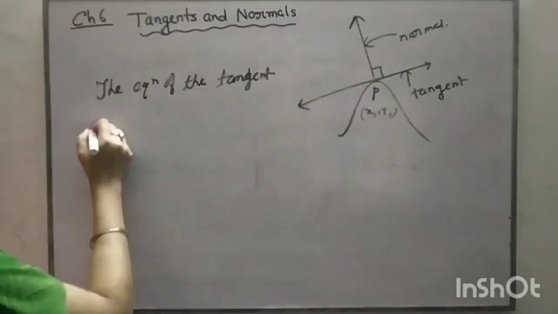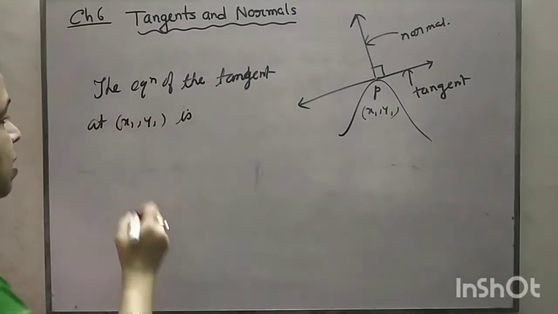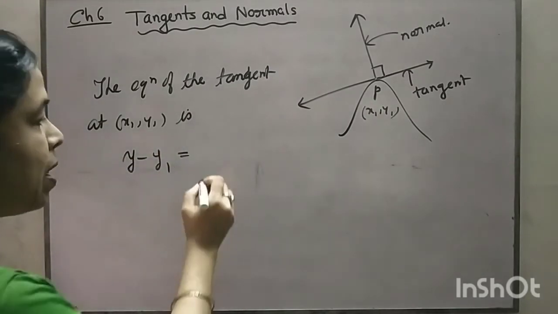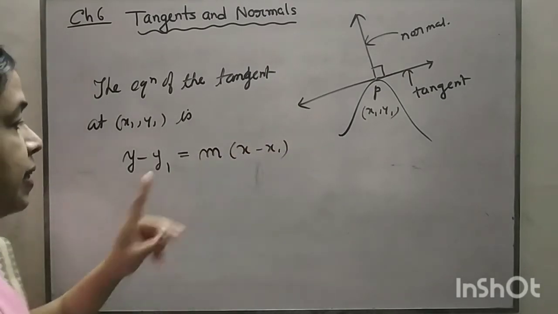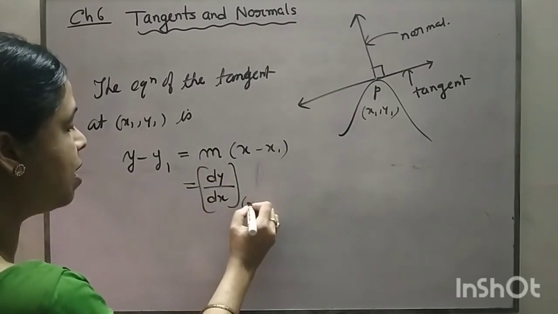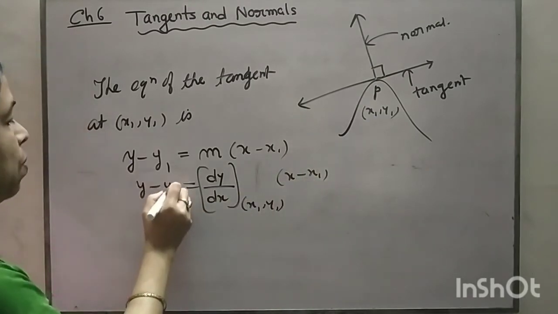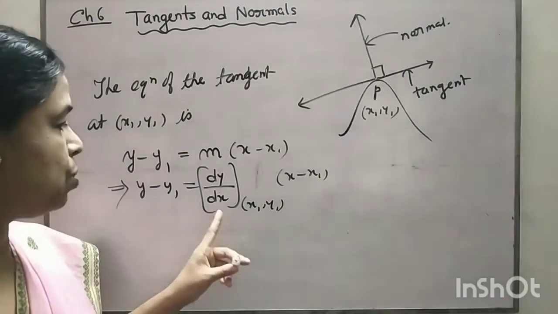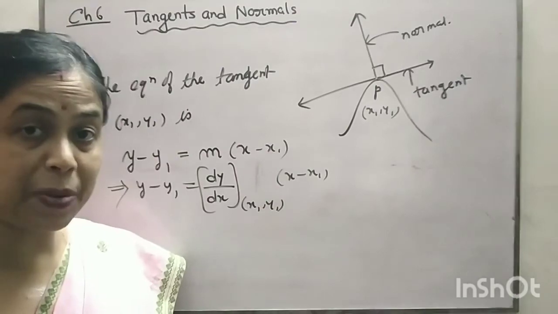Equation of the tangent at x1, y1 is given by what? Y minus y1 is equal to m into x minus x1, the equation of a line passing through one point. But here, this m is nothing but dy dx at the point x1, y1. So this is the equation of the tangent. Y minus y1 is equal to dy dx at the point x1, y1, into x minus x1. Because dy dx represents the slope of the tangent.